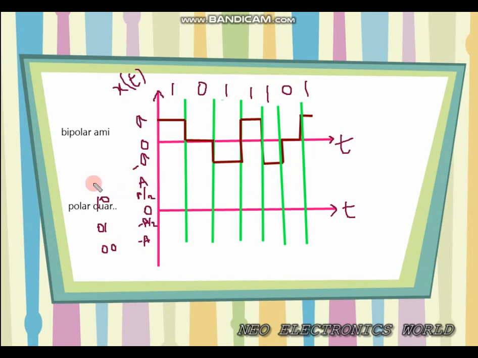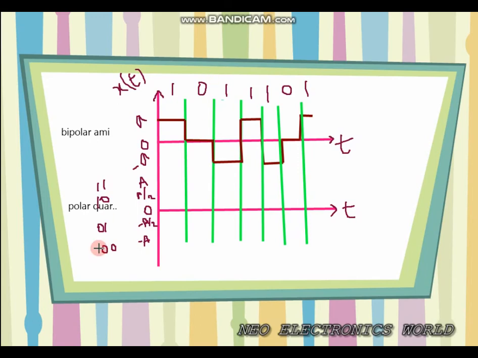Then A will be used to denote 1 1. That is quaternary, that is, we will use 4 levels. Quaternary is what the word means. So here 1 and 0 comes, and these 2 bits will be denoted using a single pulse.